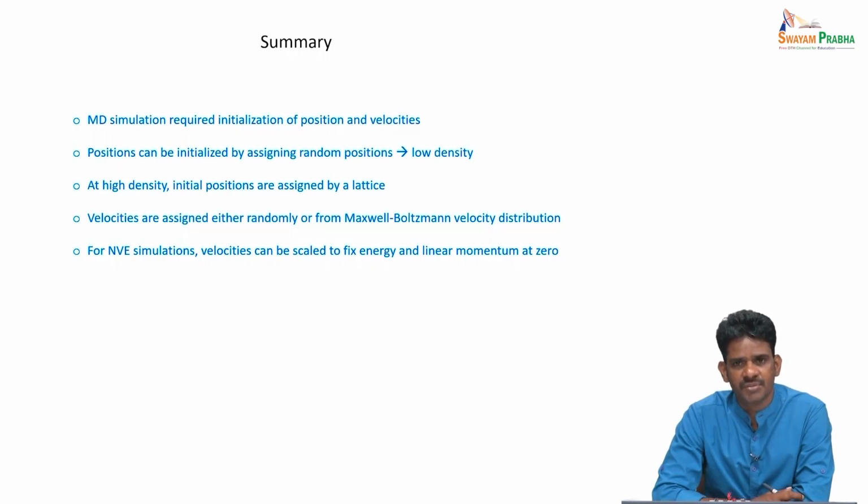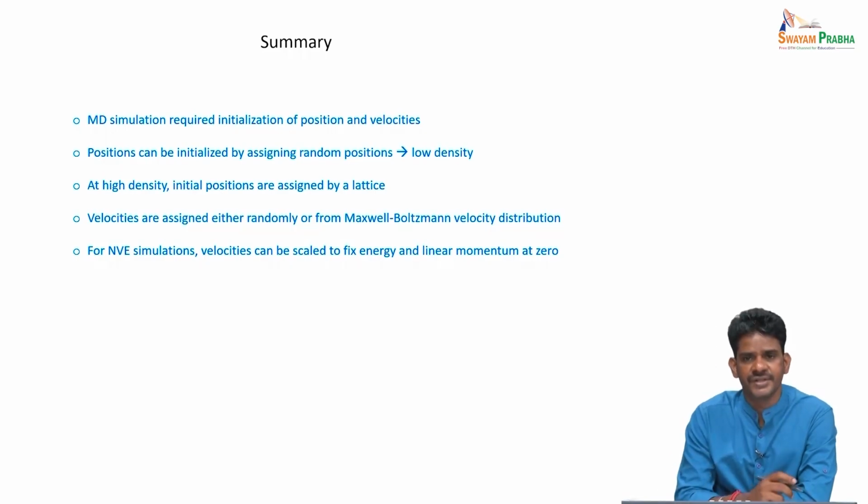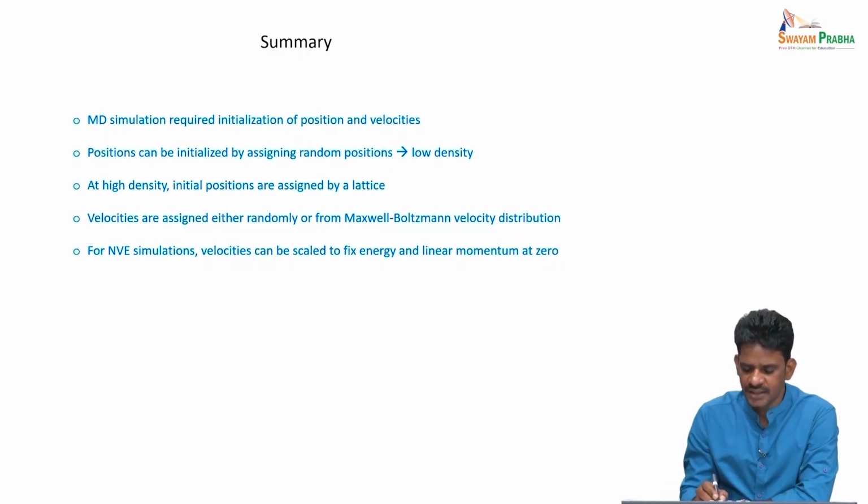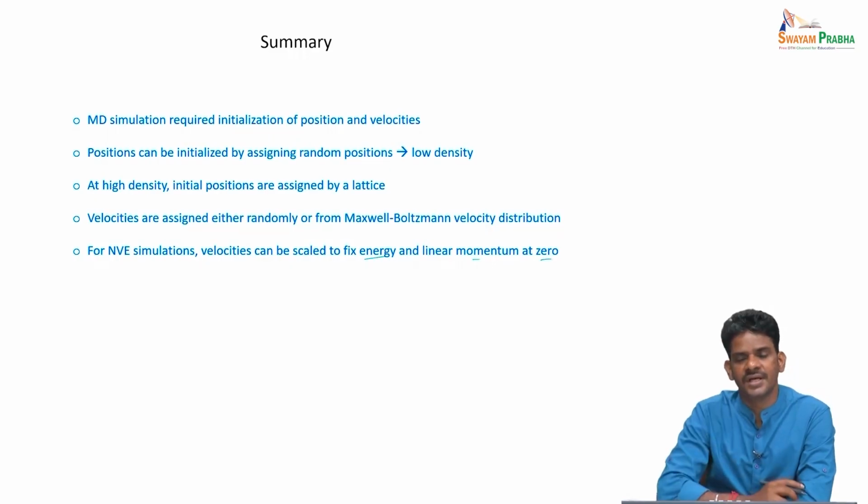At high or moderate densities, we often use a lattice to assign the particle positions. Now, the velocities are generally assigned either randomly or sampled from an equilibrium Maxwell-Boltzmann distribution. For NVE simulations, that is the microcanonical ensemble, the velocities have to be scaled in such a way that the energy is fixed and the total linear momentum is kept at 0.